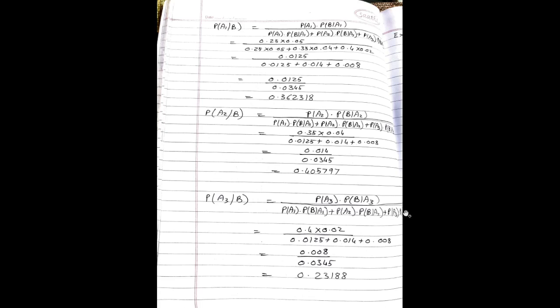Now replace the values in the formula, which can be written as 0.4 into 0.02 divided by 0.0125 plus 0.014 plus 0.008. So the answer comes out to be 0.008 divided by 0.0345. So if you perform the division, the final answer of probability A3 given B is 0.23188.